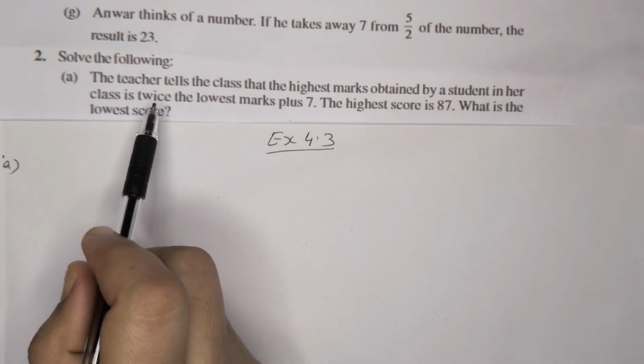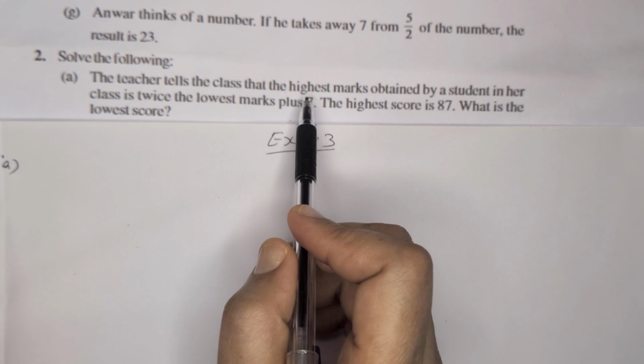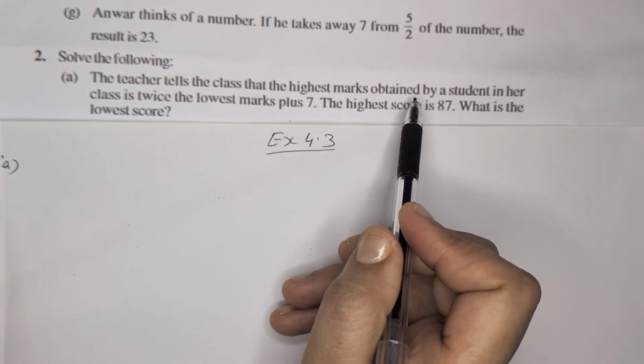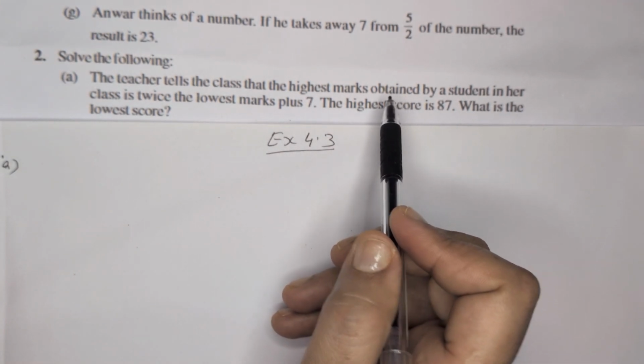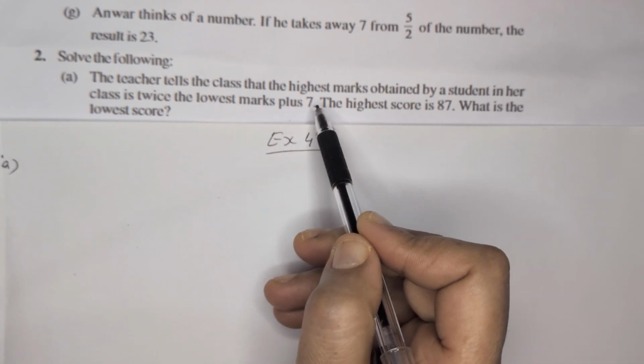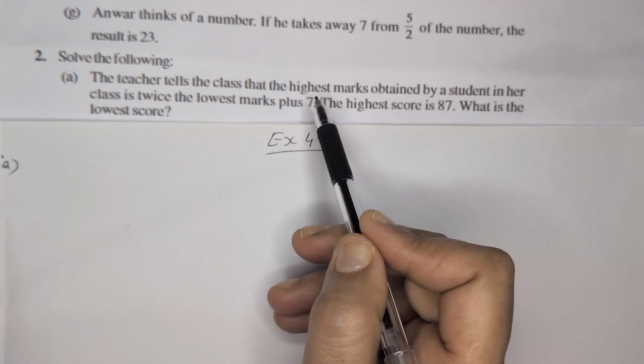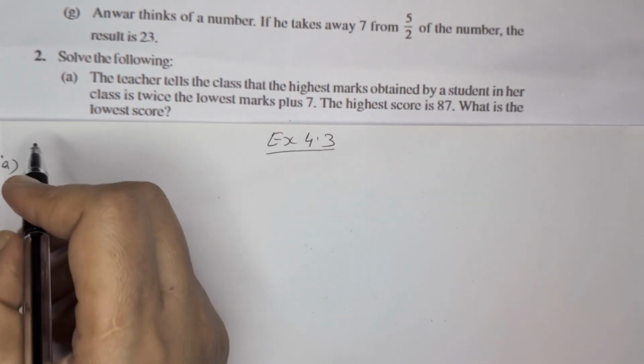Second question. The teacher tells the class that the highest marks obtained by a student in her class is twice the lowest marks plus 7. So we can take the lowest marks as one of the variables.